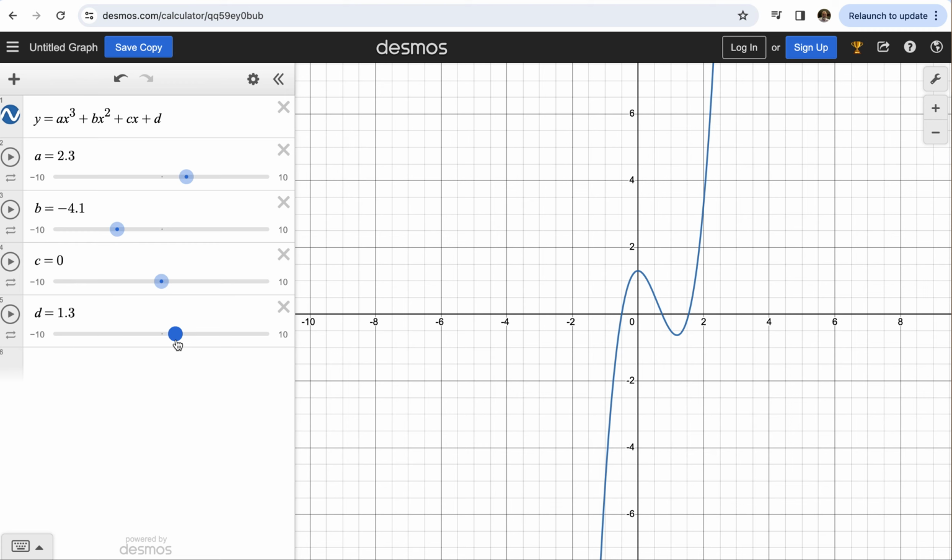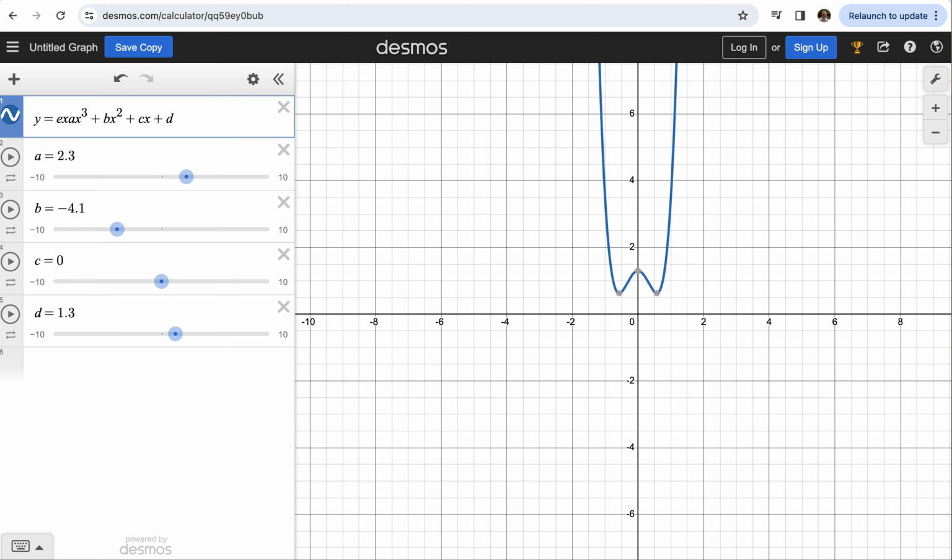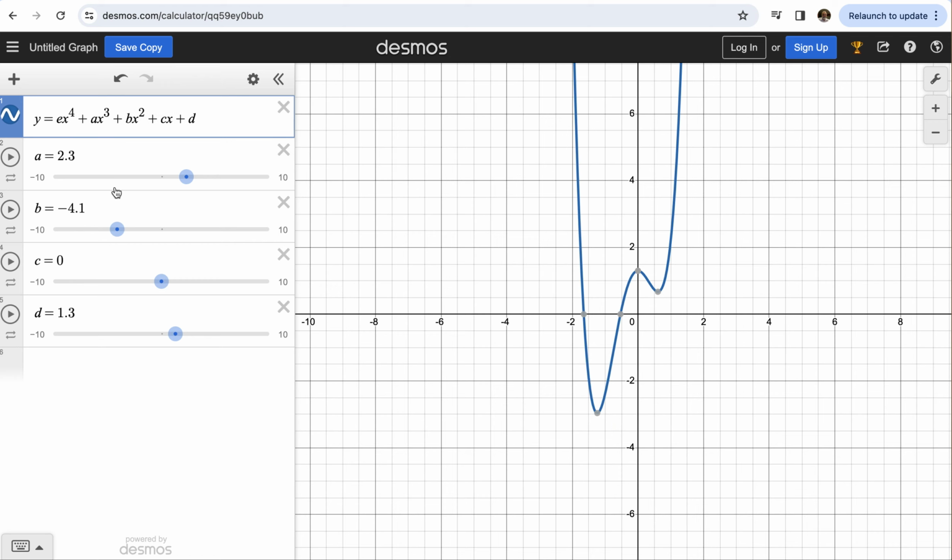Okay, now let's add to this a fourth degree term. So let's call that ex to the fourth plus. So now I need to make a slider for e. E is also a special number, so I'm going to call it k.